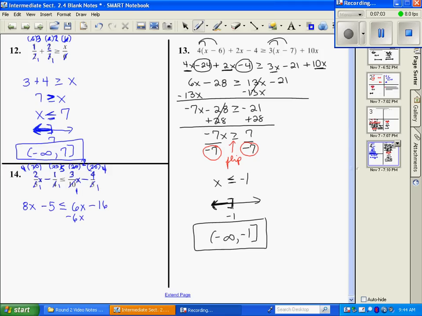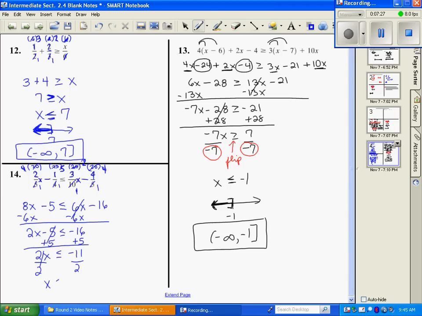Now I'm going to start solving by subtracting 6x from both sides. Now get x by itself, so I'm going to add 5. And then divide both sides by 2.